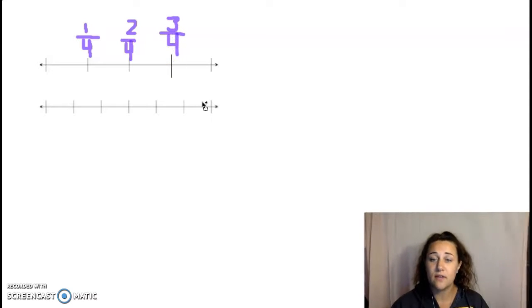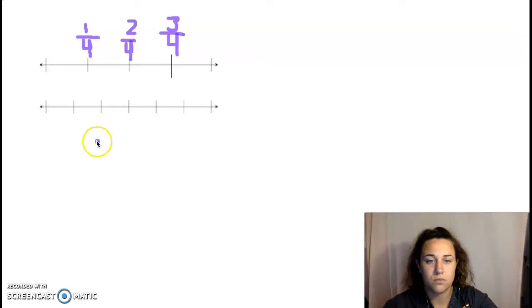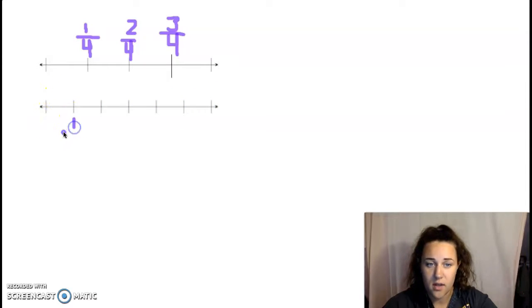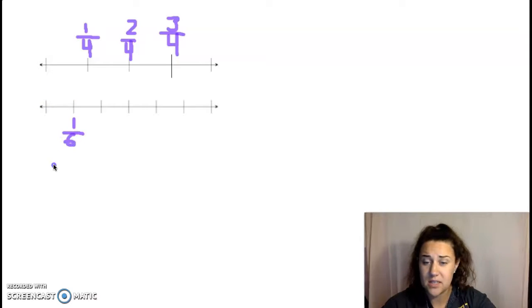So I labeled my first number line. Now we have to label our second number line. So how many equal parts do I have? 1, 2, 3, 4, 5, 6 equal parts. And I go to my first line, so 1 out of 6, or 1/6. Easy peasy.